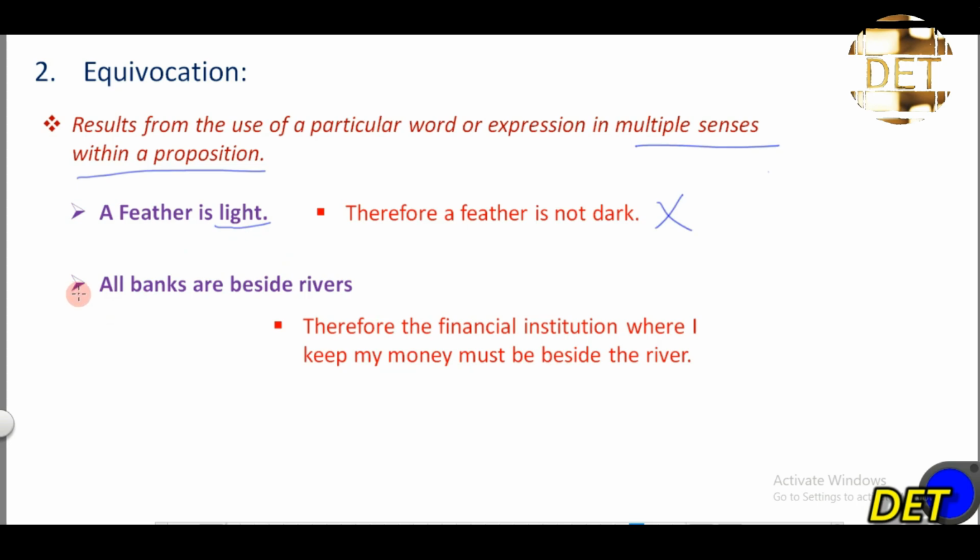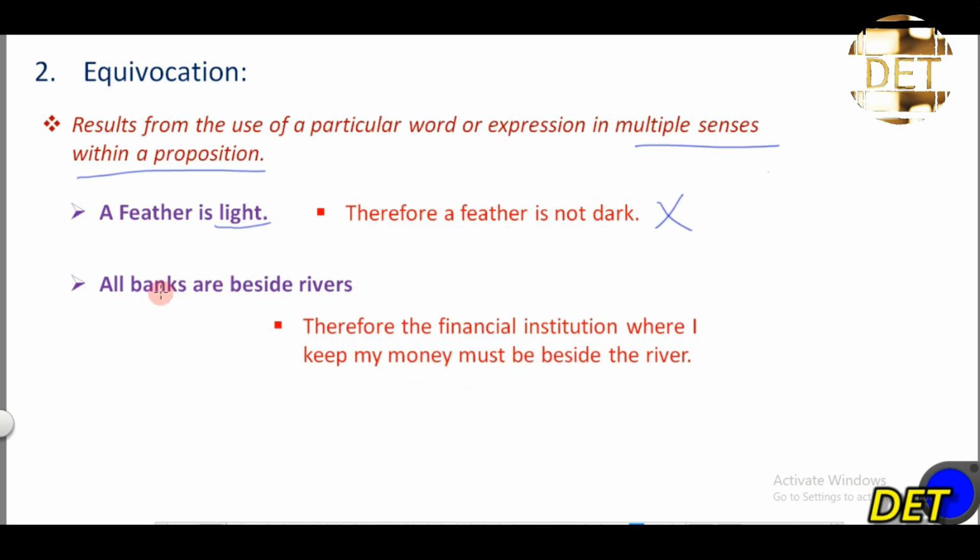So another example, let's look at this proposition. All banks are beside rivers. So somebody that is concluding that therefore the financial institution where I keep my money must be beside the river.